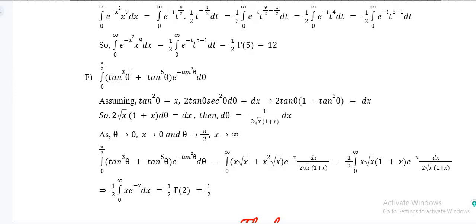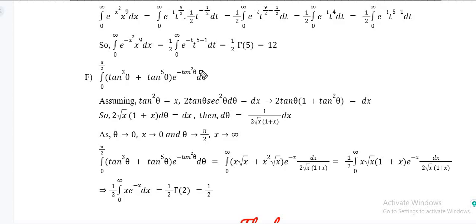Tan square is equal to x, and tan is equal to root of x, so tan cube simply gives us x root x. Similarly for tan to the power 5: tan to the power 4 becomes x square, so it becomes x square root x.